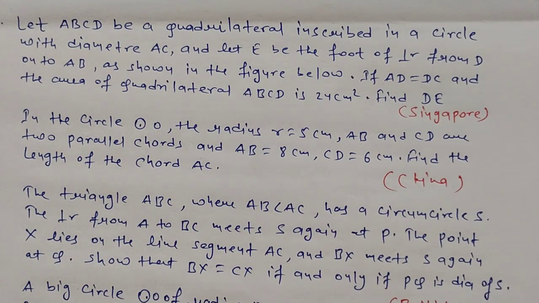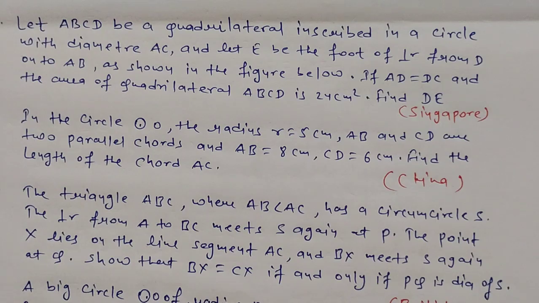Now the second problem is: in the circle O, the radius R is equal to 5 centimeter. AB and CD are two parallel chords and AB is equal to 8 centimeter and CD is equal to 6 centimeter. Find the length of the chord AC.